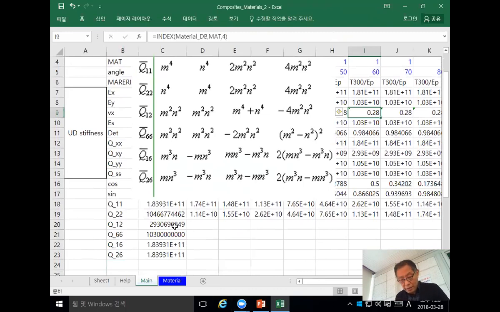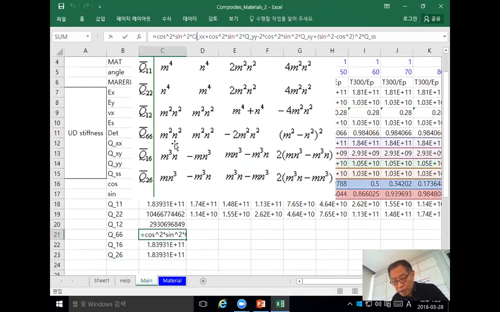So this is the Q66. Please check Q66, cosine sine, cosine sine, and minus cosine sine, and plus sine cosine. Okay, that's good.